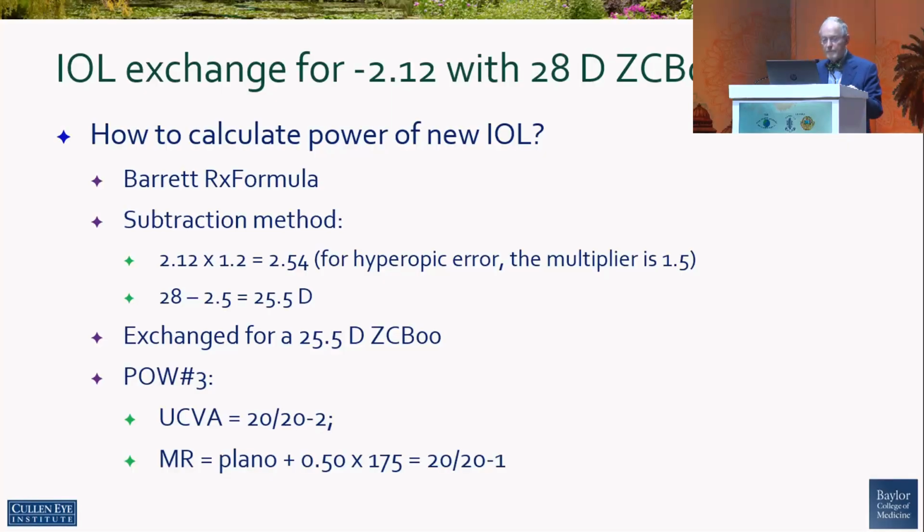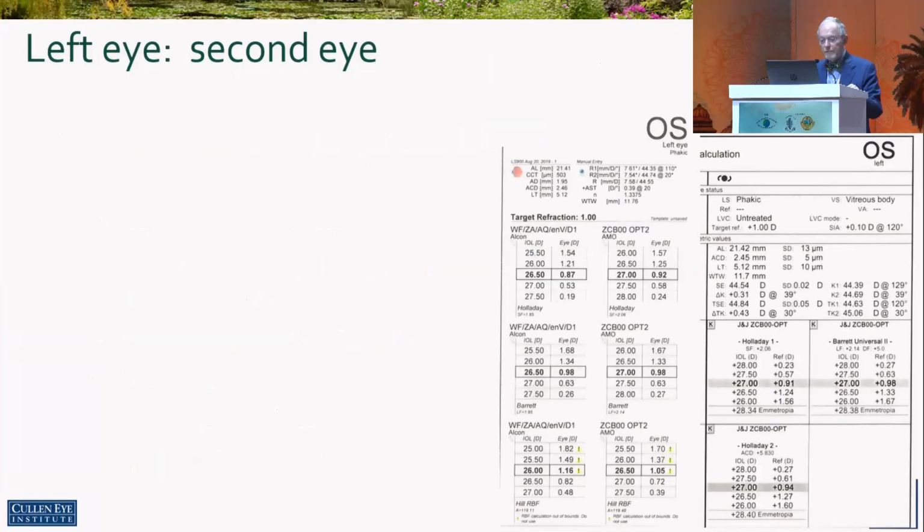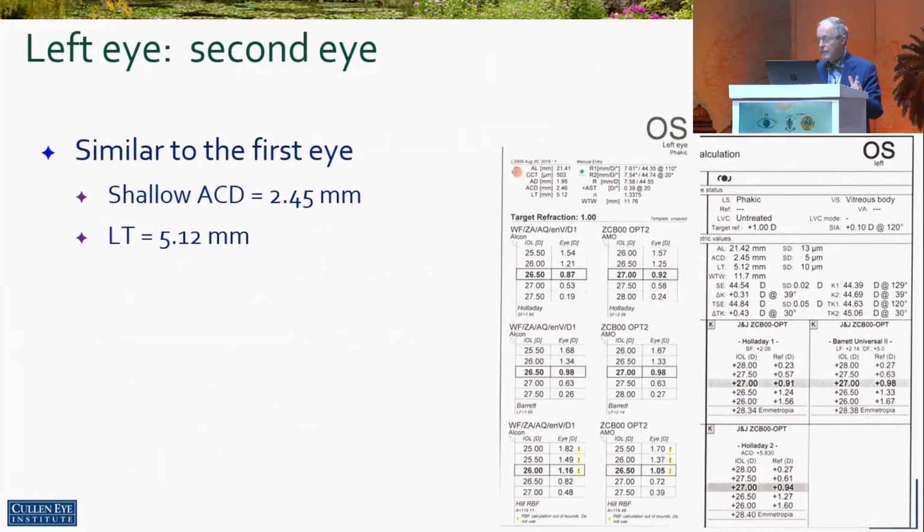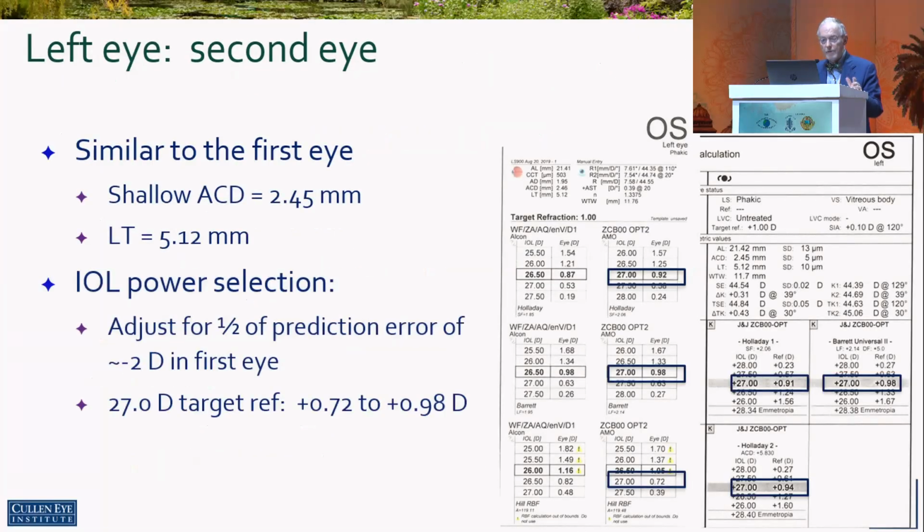Very happy. What do I do for the second eye? Well, the second eye had similar anatomy as the first eye. And the old teaching is that if you have an error in one eye, you should adjust the other eye by half of that amount. That's based on a series of papers, one of them Thomas Olsen. So that's what I did.